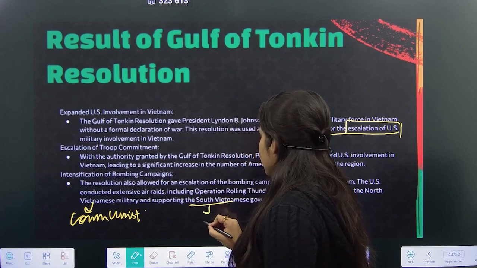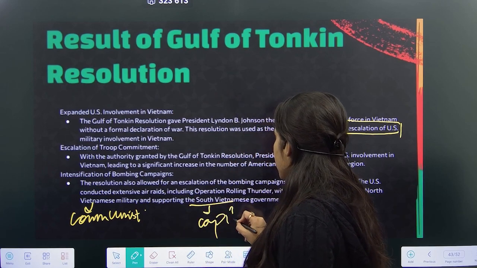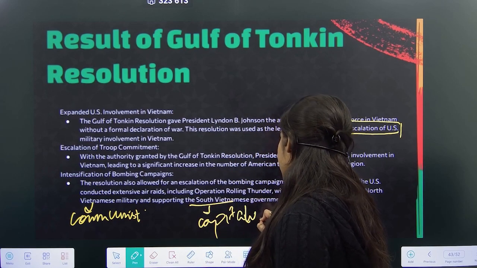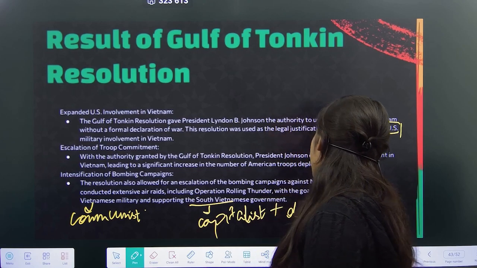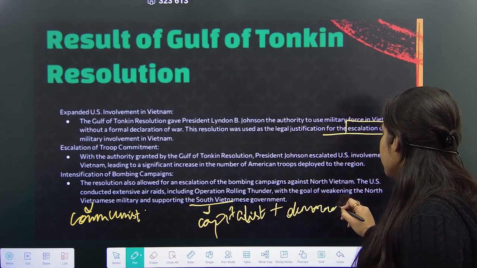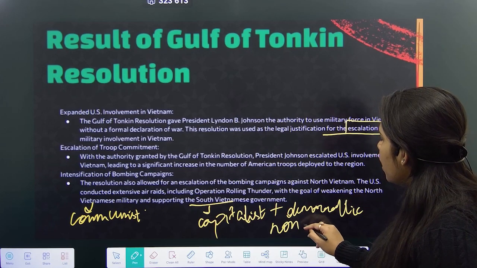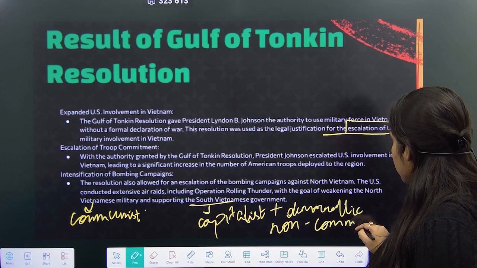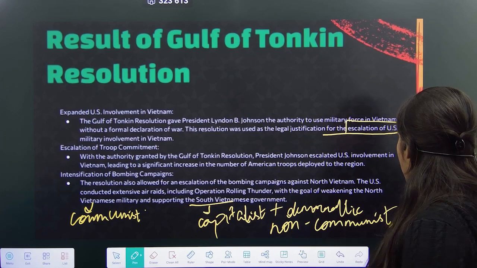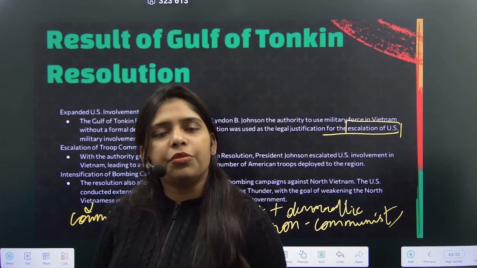South Vietnam had a capitalist government. I won't say capitalist government, I'd rather say democratic government, or to put it more clearly, a non communist government.